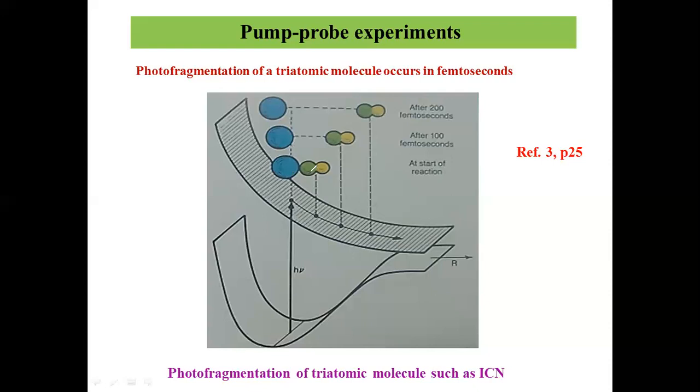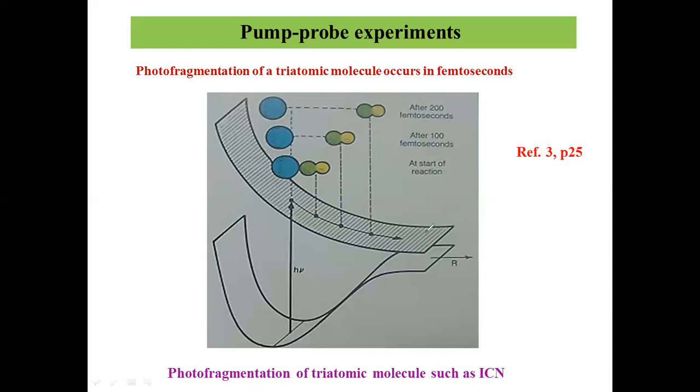Now when this CN fragment is falling apart from the iodine, which is in blue color, then I have the option of tracing this CN molecule. Right. Now, if it is completely fragmented, that means it is completely separated from iodine. So CN will be somewhere here.